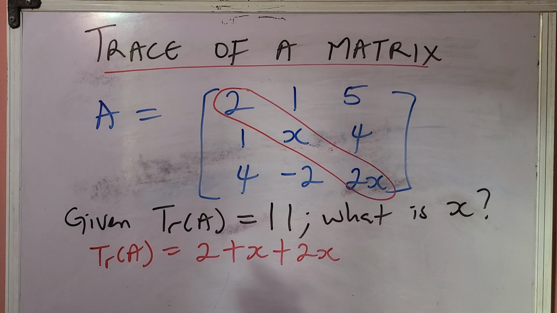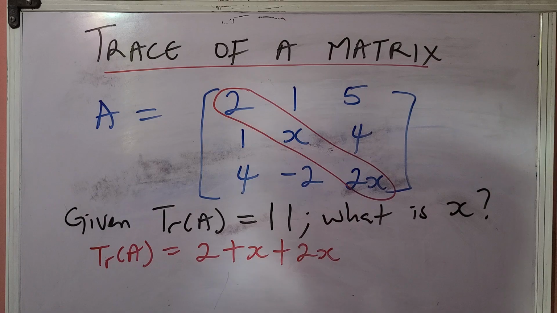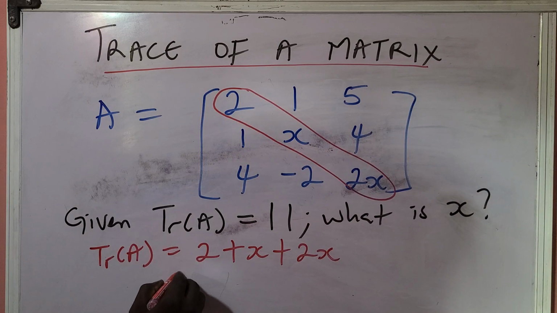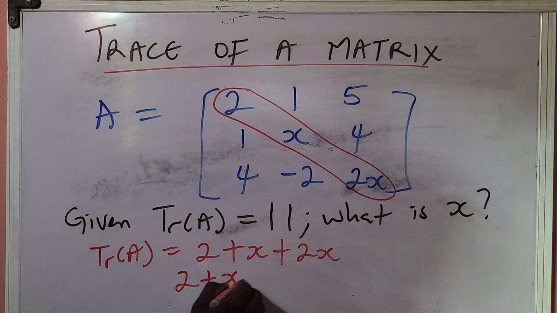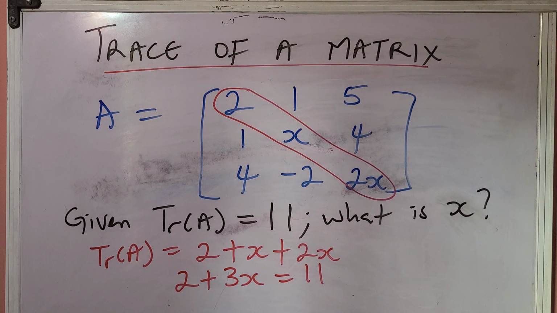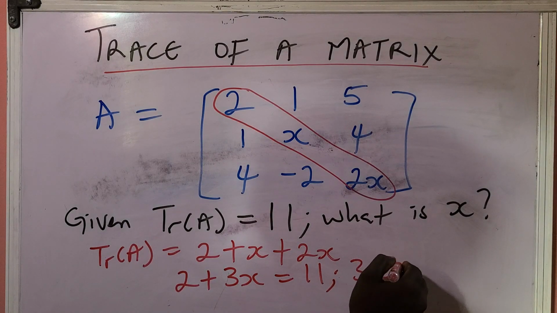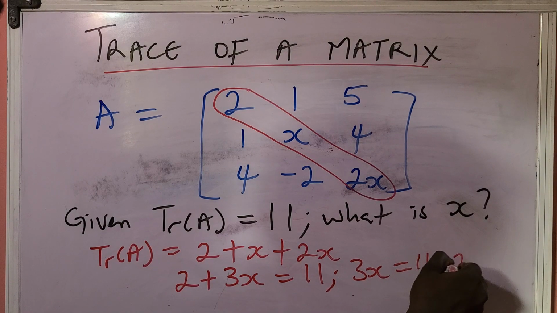This was going to be what we had to do to find the trace of A. But then we've been given the trace of A to be 11. So therefore, we can go on to use that to find the value for X. 2 plus X plus 2X will obviously be 2 plus 3X, which equals 11. Therefore, we would have 3X equals 11 minus 2.